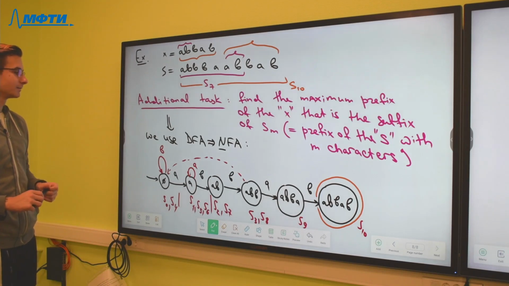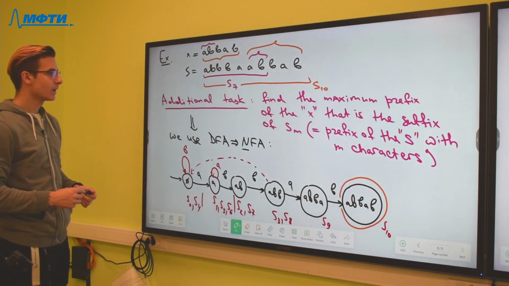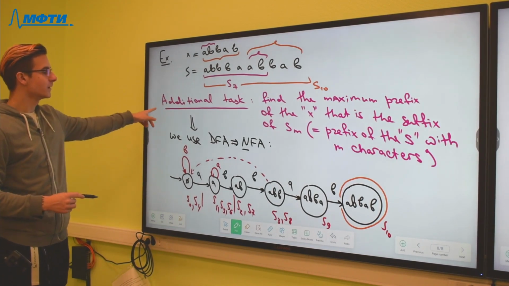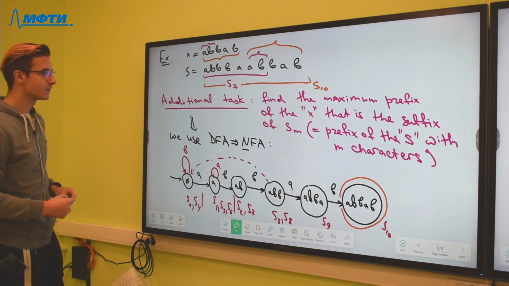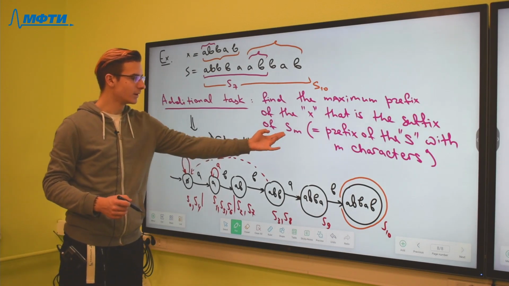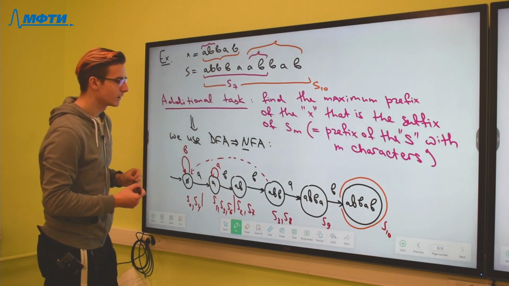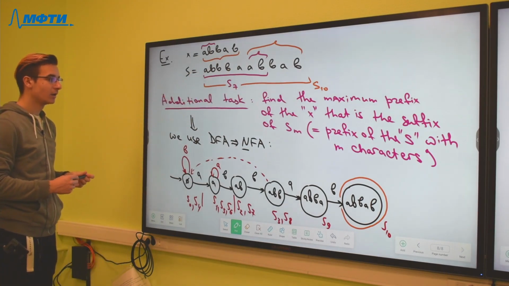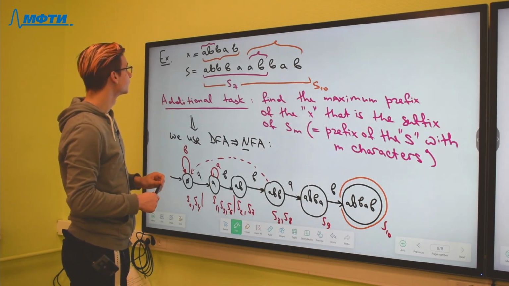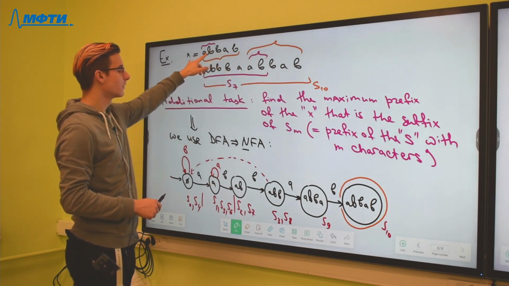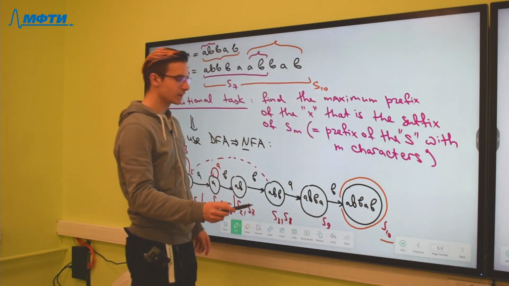Okay. So I can say that the addition task, the answers, if we find the maximum prefixes of X, that is the suffix of the prefixes of the initial string, then we say that the number of substrings in S is equal to the number of prefixes that we find here.